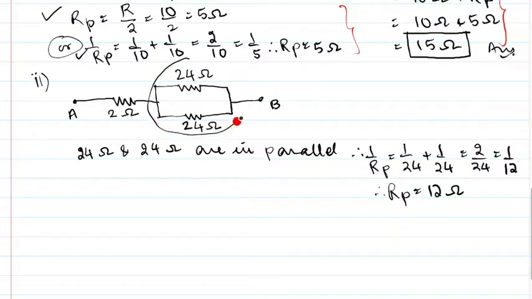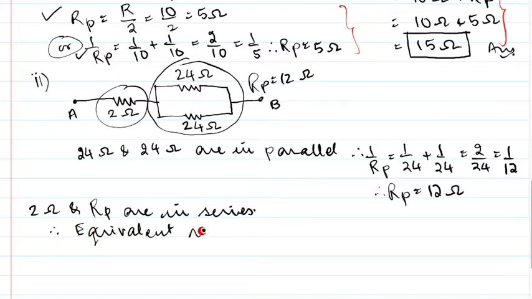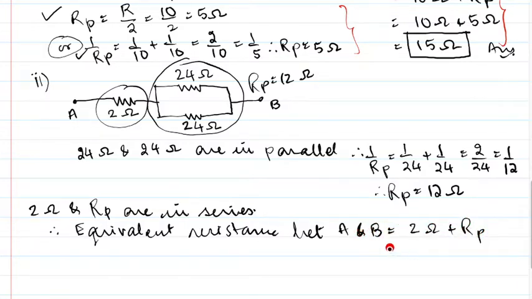Now this is your Rp, which is 12 ohm, and that is connected with this 2 ohm in series. So 2 ohm and Rp are in series. Therefore, the equivalent resistance between A and B is equal to 2 ohm plus Rp, which is 2 plus 12, which is equal to 14 ohm. And that is our answer.